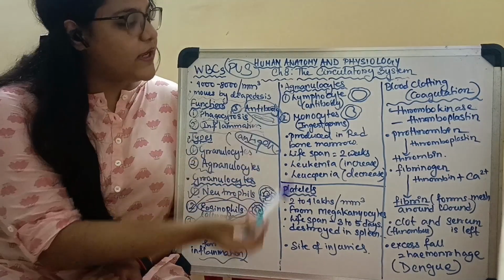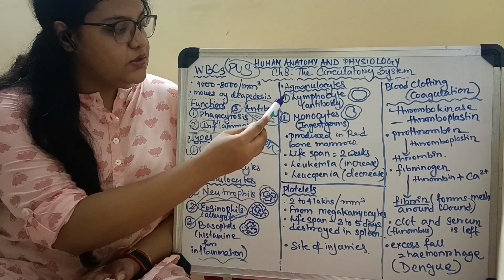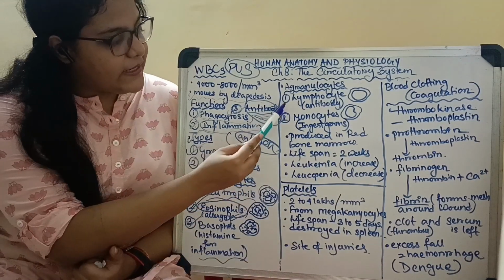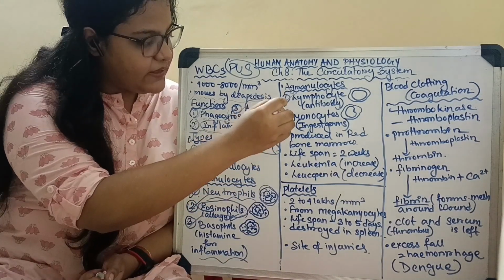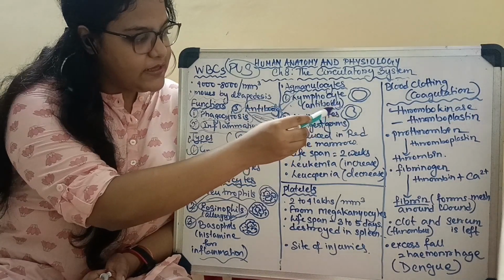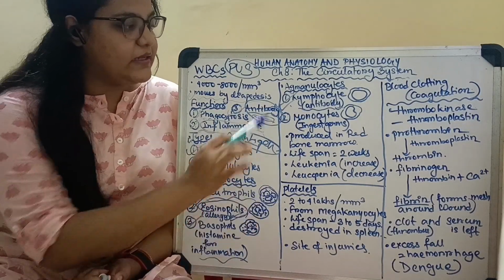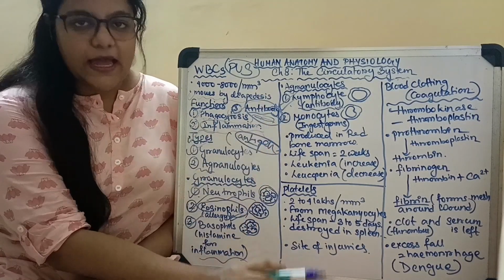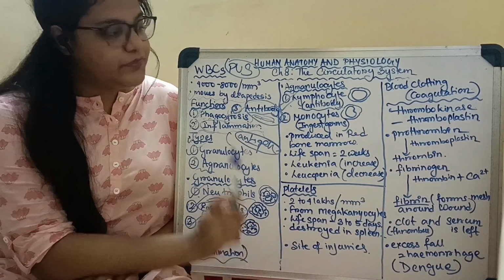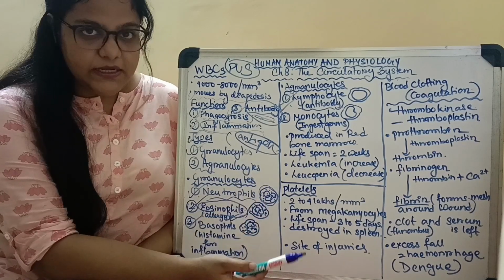Okay. Now agranulocytes or the non-granular ones are also divided into two types. Those are lymphocyte and monocyte. Now lymphocyte is the main cell which helps in the production of antibody, or we can say directly that lymphocyte produces the antibody. Now lymphocytes are produced in bone marrow as well as the lymph vessels and the lymphatic organs like spleen, right?